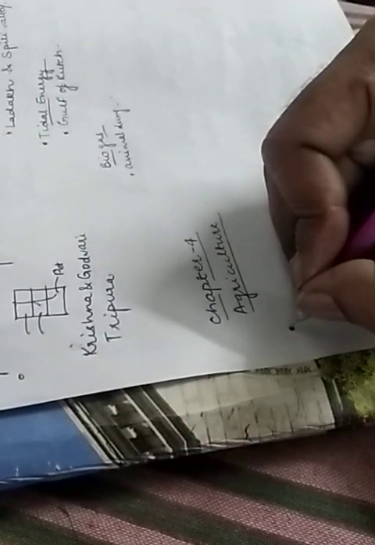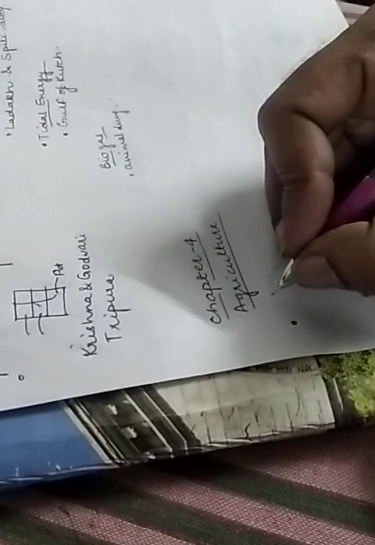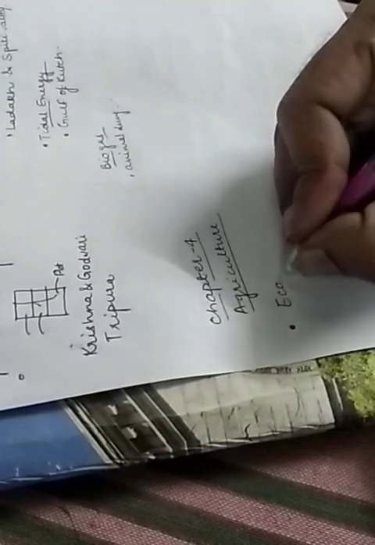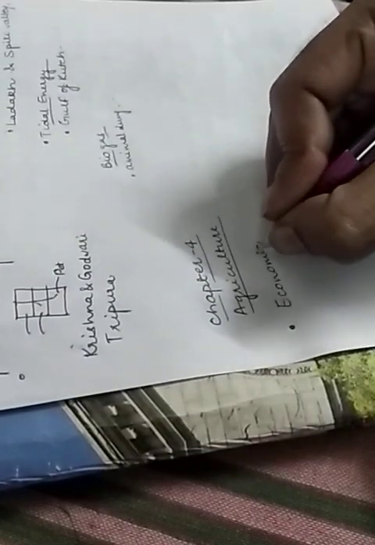So we have economic activity for the growth of a nation, for the sustenance of human life. We need economic activity, and economic activity is divided into 3 parts: primary, secondary, and tertiary.